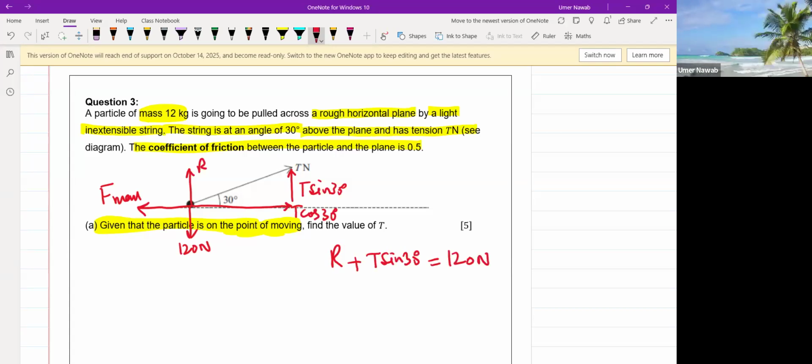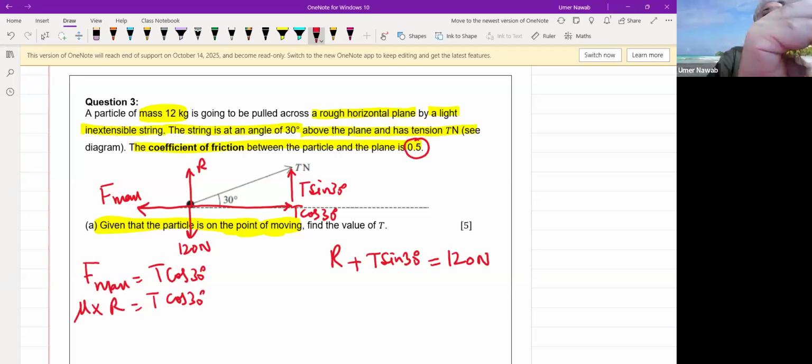Also, F max is equal to T cosine of 30, which is equal to mu R. The coefficient of friction is 0.5, the reaction is 120, and T cosine of 30 degrees. This helps me to get the value of T easily.